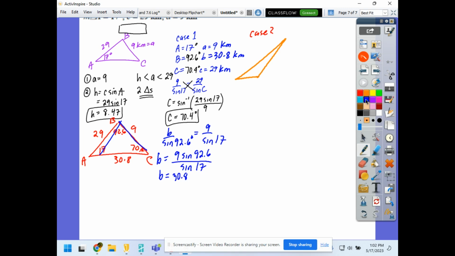The original triangle, for you to see it, was like here a while ago. This was angle A, this was 17, this was the angle C. Now it's going to be C prime here. That's the second case. The B here was here a while ago. Now it will be the B prime. So that's the idea. I just want you to see it. So I'm going to remove that one.